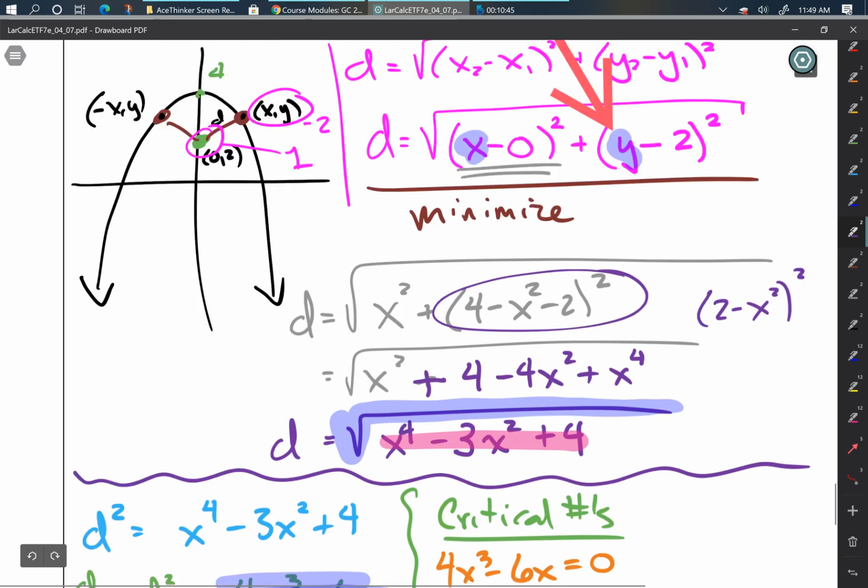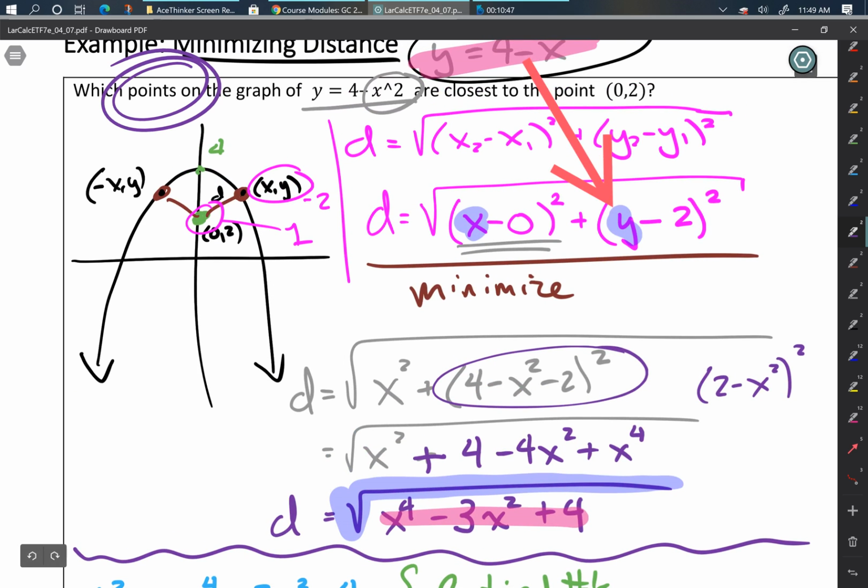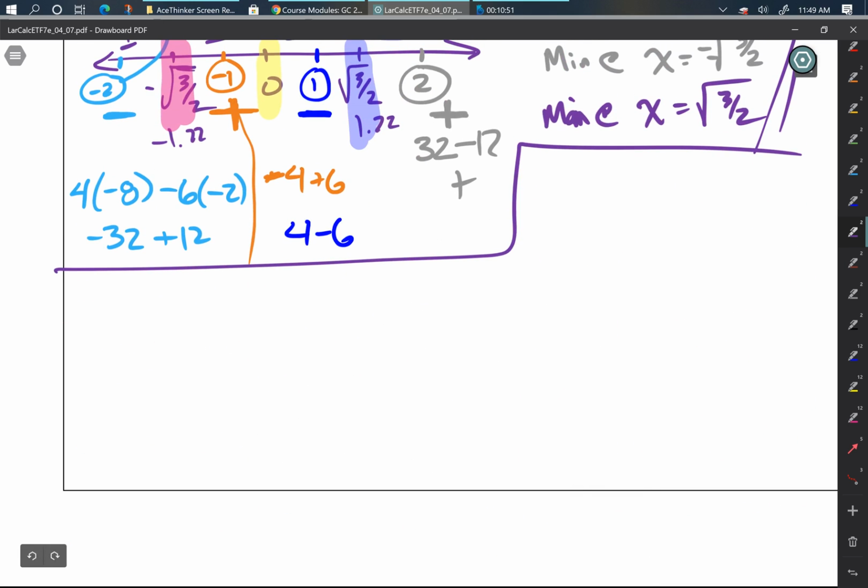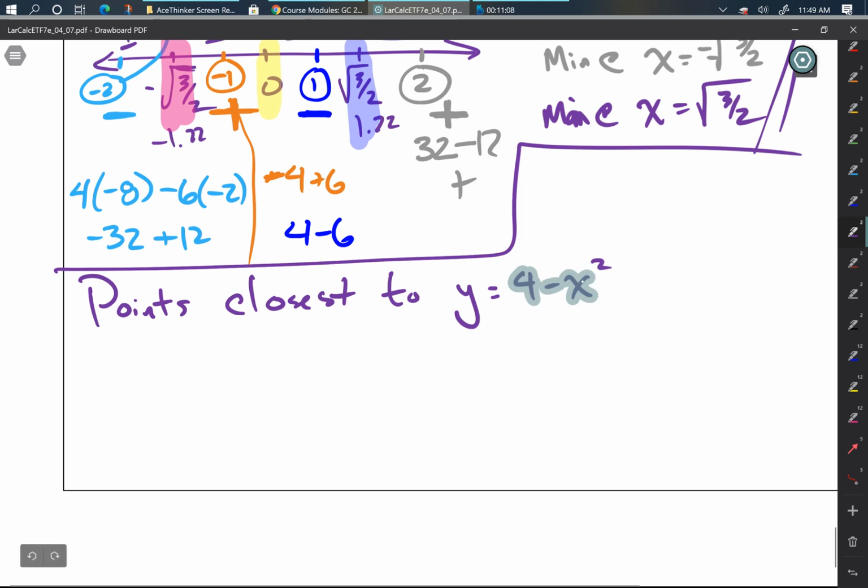Now, our job was to find the points on the graph. That's an x and a y. We only have an x right now. So we know that the points closest to y equals 4 minus x squared. No, they're not the closest to the curve.